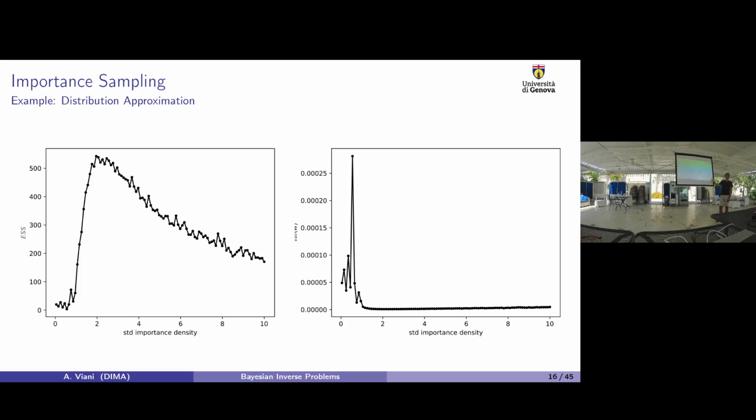I think this plot is more intuitive, but here we see a connection between the effective sample size and the variance of the weights, because the variance of the weights decreases, and roughly at 2 it starts increasing, while the effective sample size is going down. But also because here the scale is totally different.